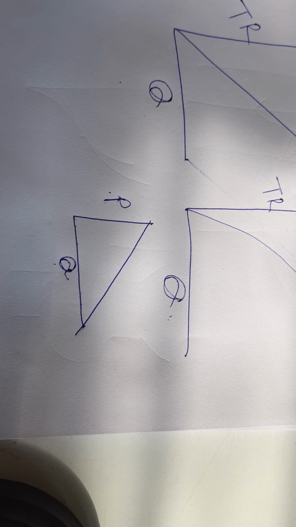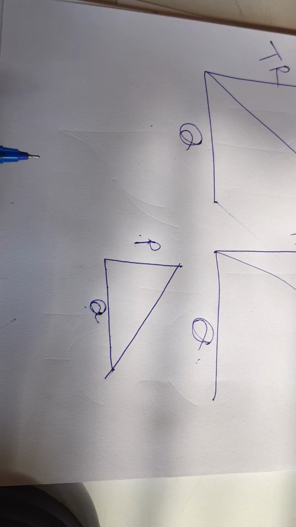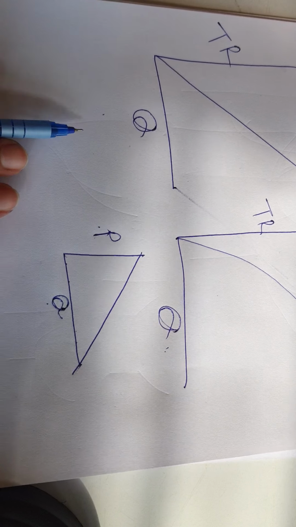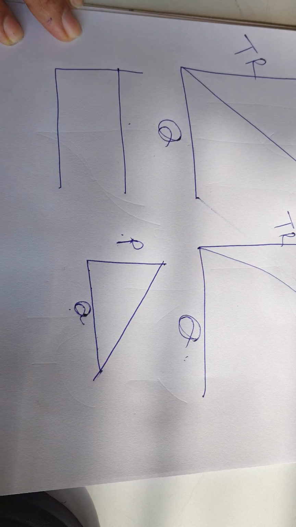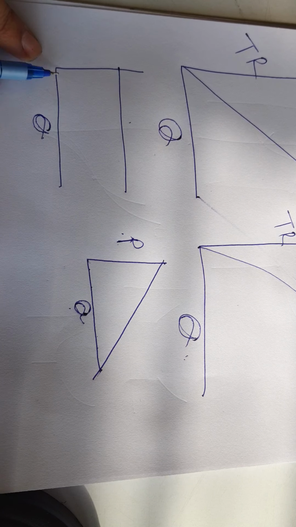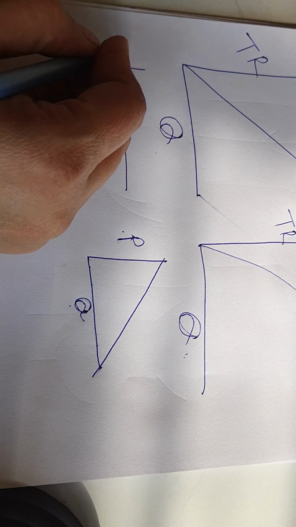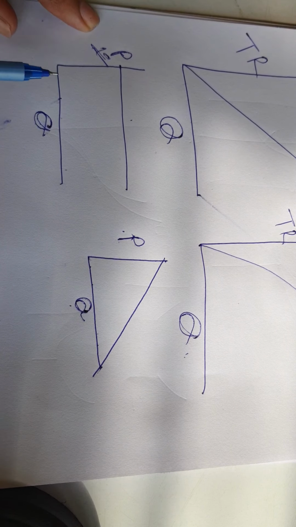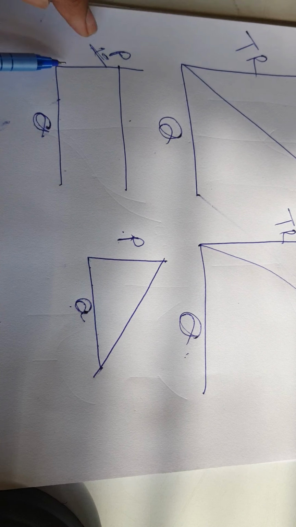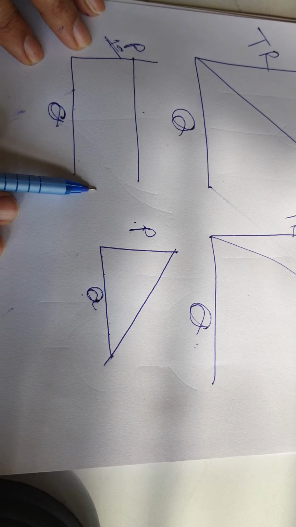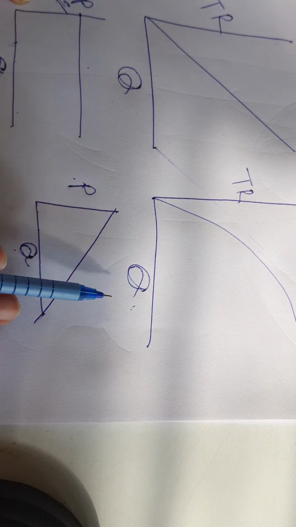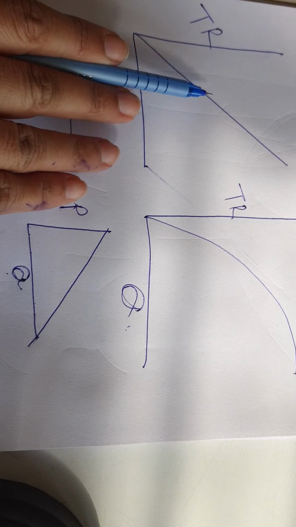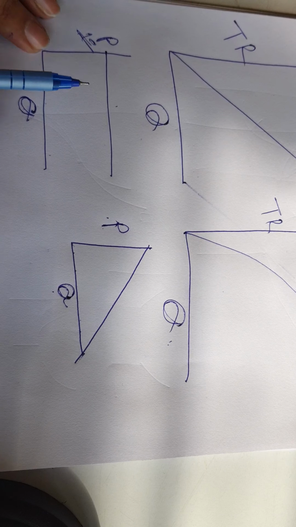So remember that the demand curve is also the average revenue curve. In this type of situation, how will you draw your demand curve? The demand curve will be like this, because whatever quantity you are selling is going at the same price. Suppose your price is 10 rupees. So every unit of your commodity you are selling at 10 rupees. That is why your demand curve is like this. So this is the average revenue curve in this situation, and this is the average revenue curve in this situation.